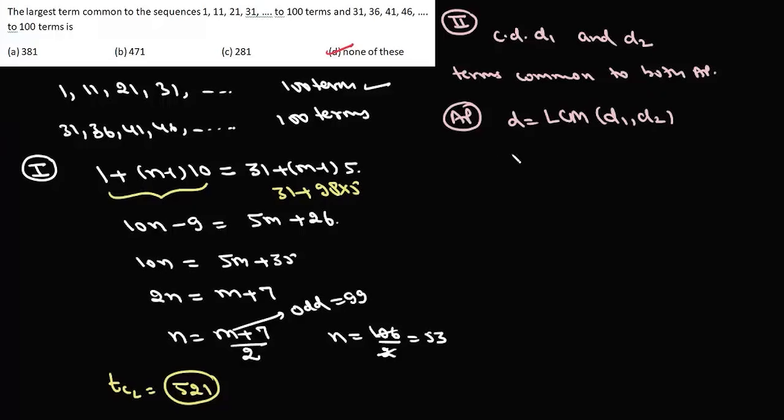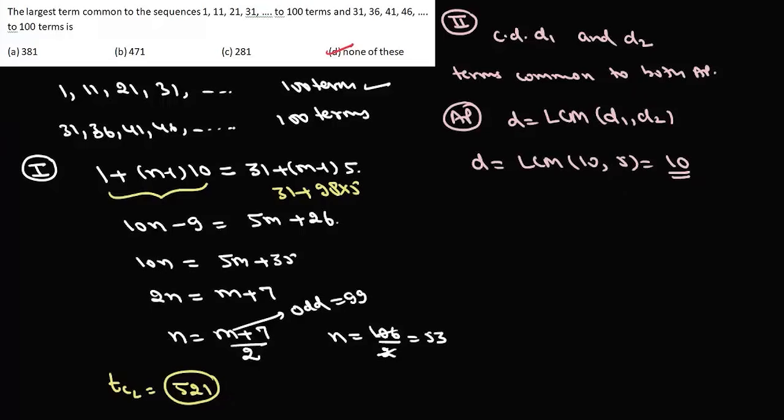So in this case, the terms which are common will form an AP, and the common difference of that AP will be the LCM of, now here the common difference is 10, and for the second one the common difference is 5. So the value of D for the new AP will be 10.